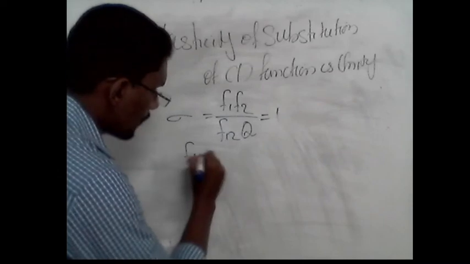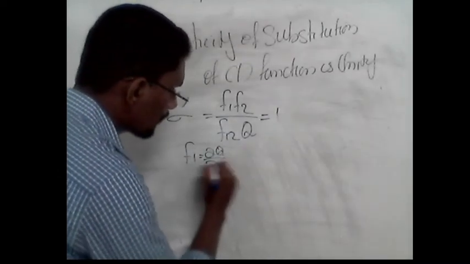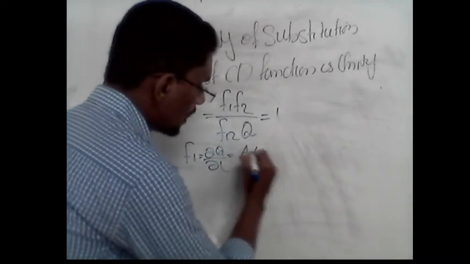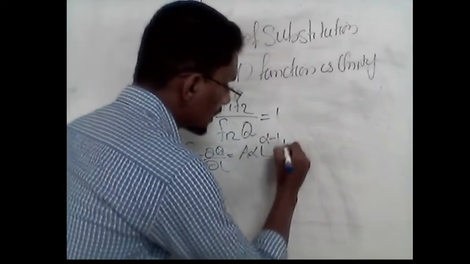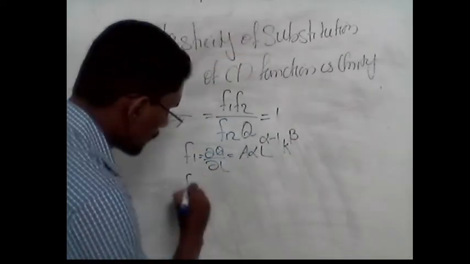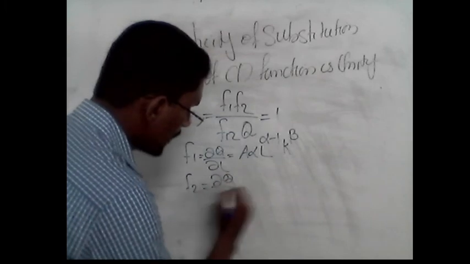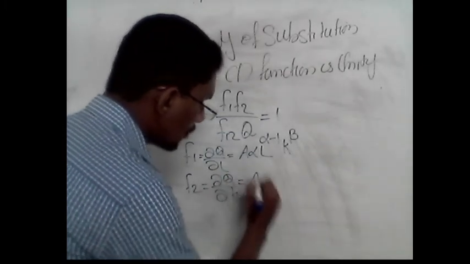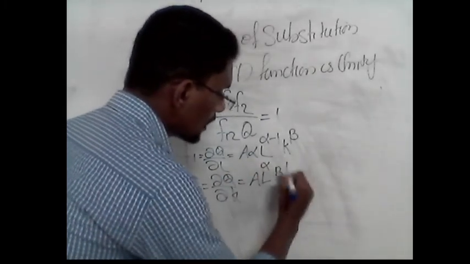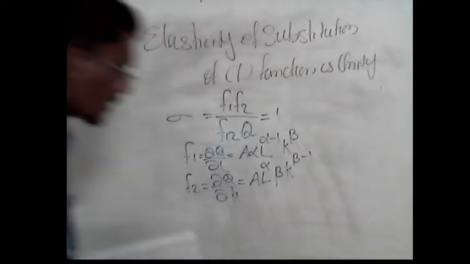F1 is equal to dou Q by dou L, that is A alpha L raised to alpha minus 1 K raised to beta, and F2 is equal to dou Q by dou K is equal to A L raised to alpha beta K raised to beta minus 1.